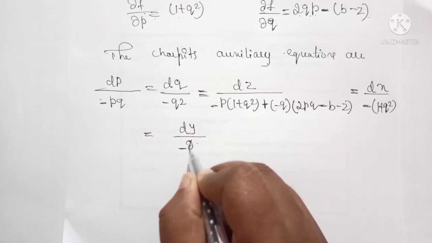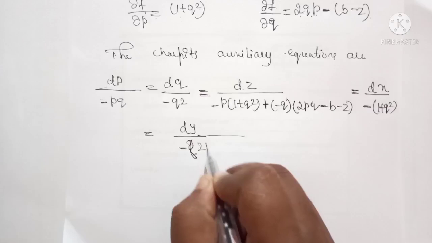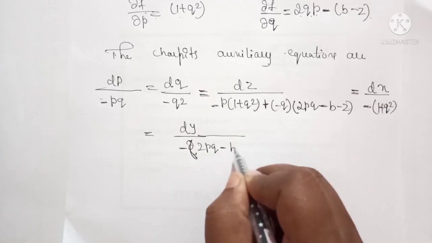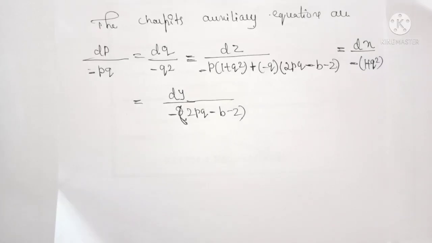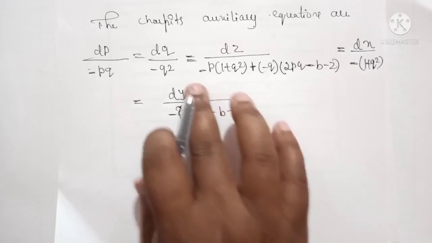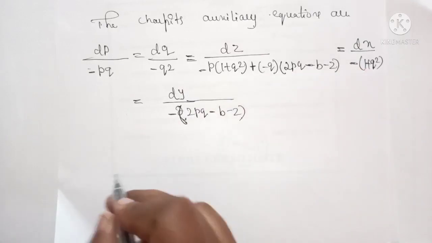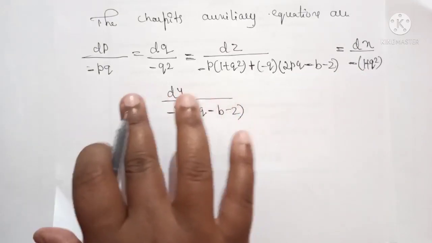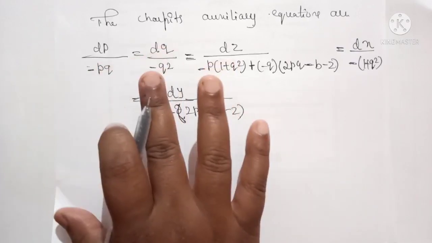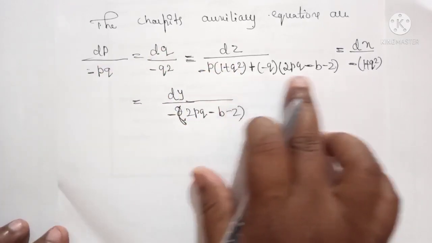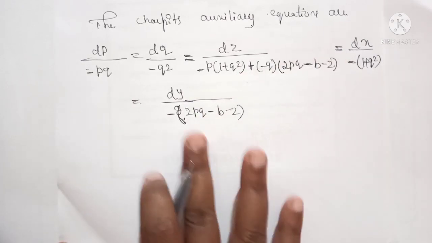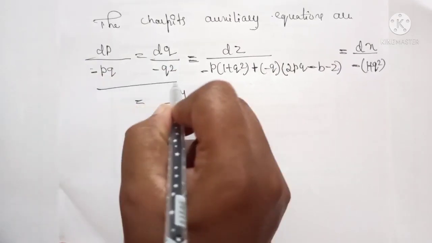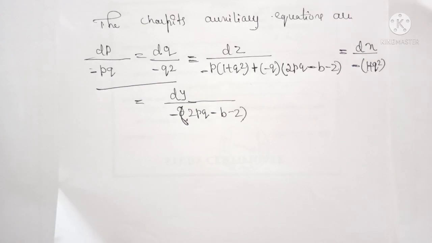Minus dou f divided by dou q is minus (2pq plus b minus z). Okay, so now we consider only the first two fractions. You can simplify this one or you can keep it as it is, but we require only these two terms, therefore I won't go for the simplification, but in the exam if you require you can simplify this one. Just I will simply consider these two fractions.